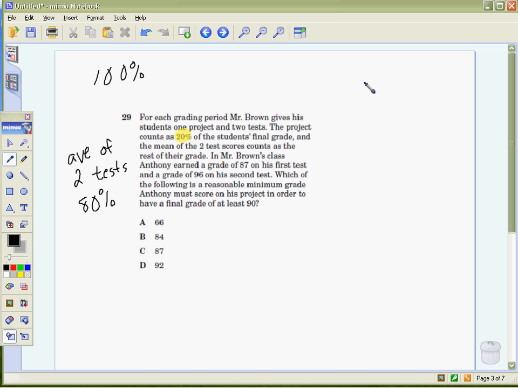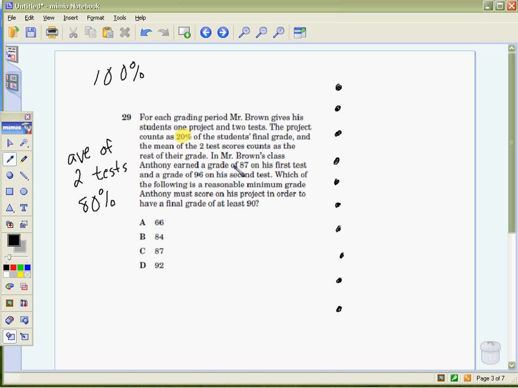So if we have 20% going for the project and 80% going for the test average, this is the way I like to look at this. 10%, 20, 30, 40, 50, 60, 70, 80, 90, and 100.